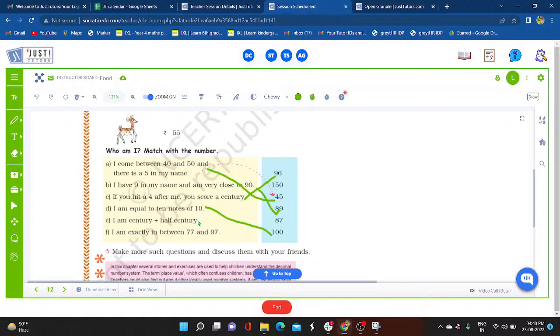So that would together make 150. Now I am exactly in between 77 and 97. Exactly in between means it should be at equal distance from 77 and 97. So that's 87.